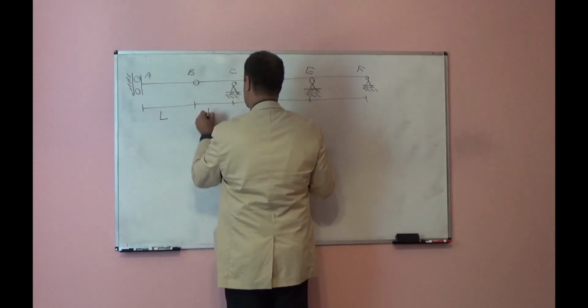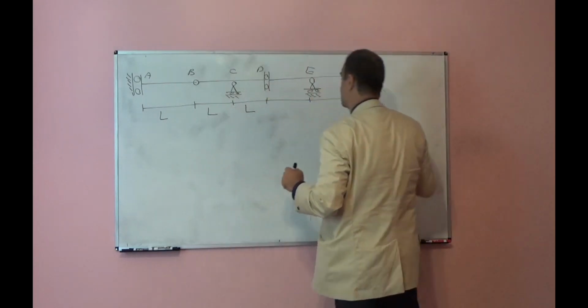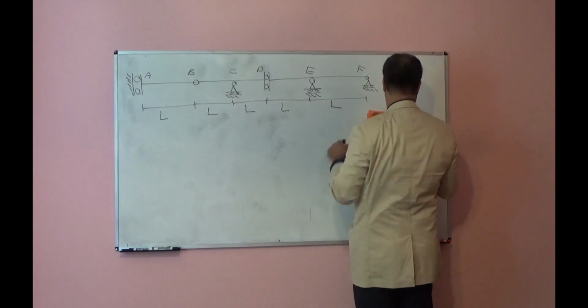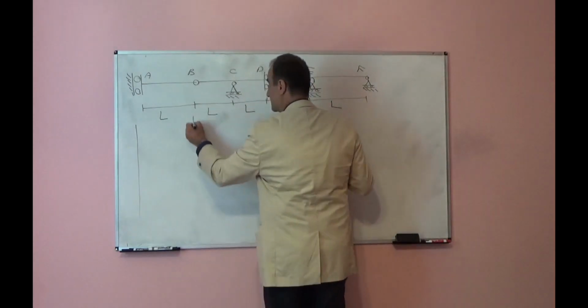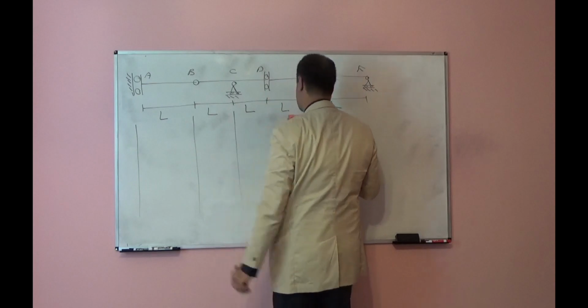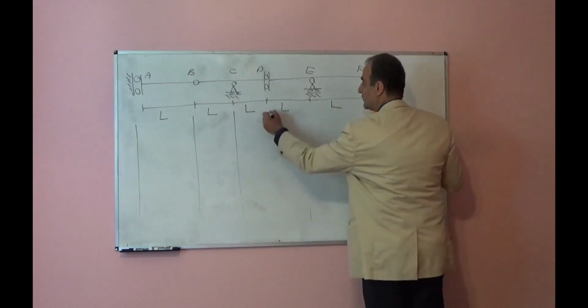Maybe it seems different, but all of them are equal to L. We want to draw the influence line for moment at point D.